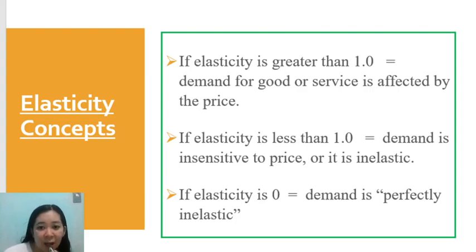We can refer to this as highly elastic. Again, if the elasticity is greater than 1, the demand for the good or service is affected by the price. Any change in the price will change their demand.